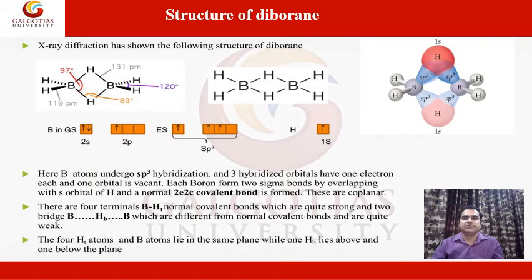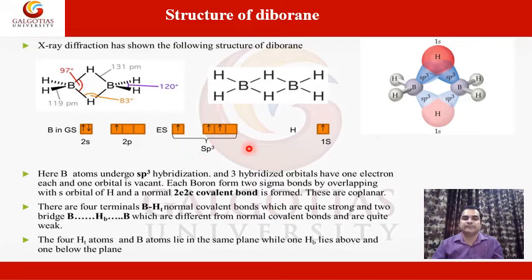Now let us discuss the structure of diborane. X-ray diffraction shows the following structure of the diborane molecule. As we compare it with the ethane molecule, C2H6, we find that the boron atom in the ground state has a 2s2 2p1 electronic configuration.